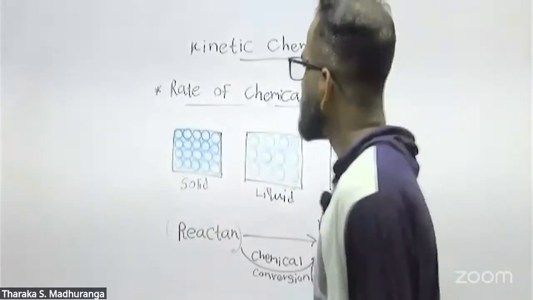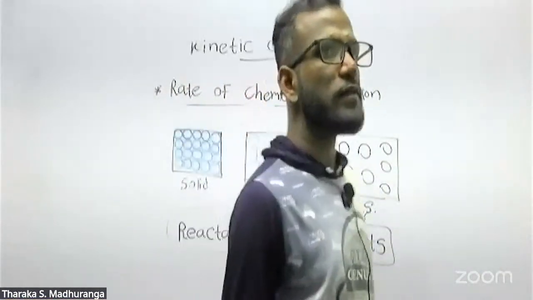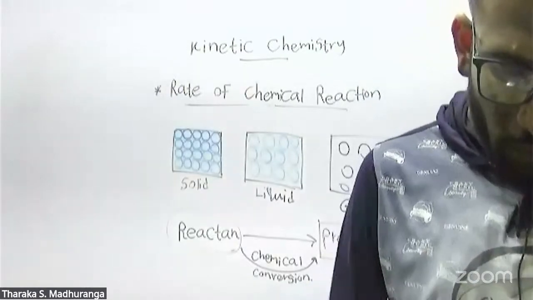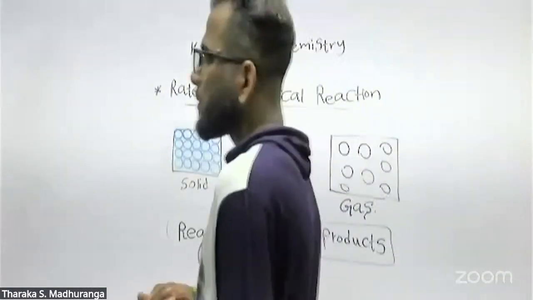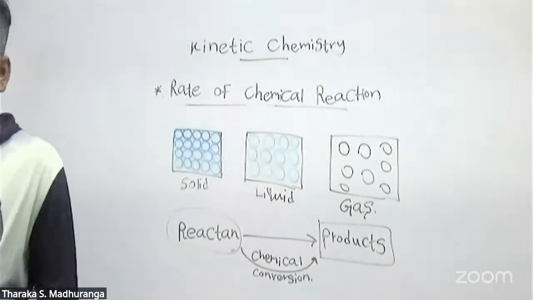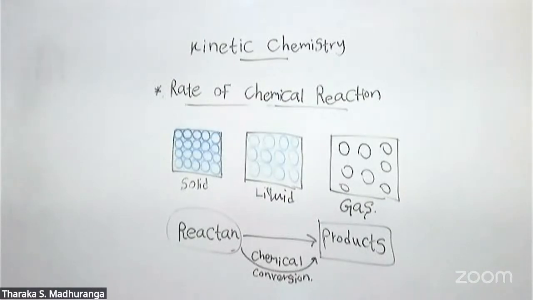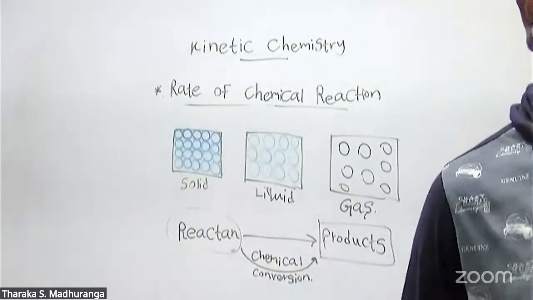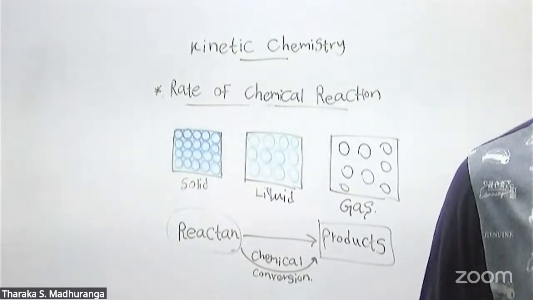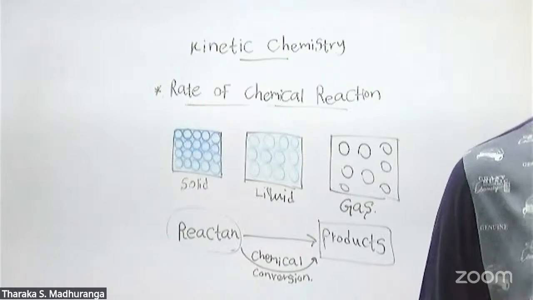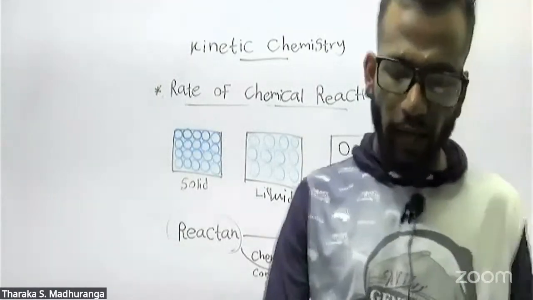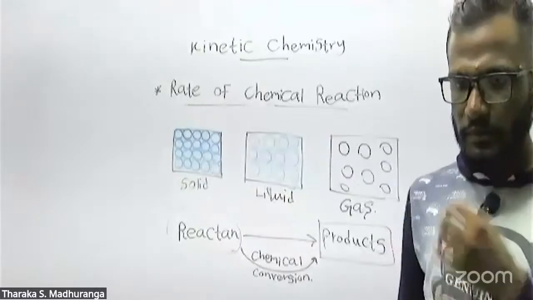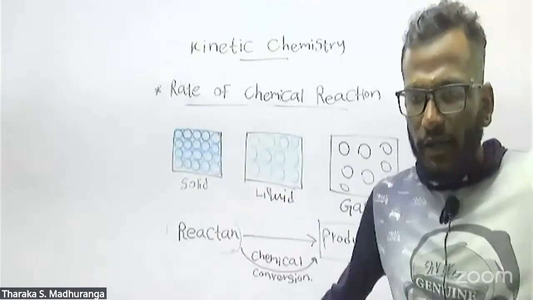The area of studying about the rate of chemical reaction is called the kinetic chemistry.